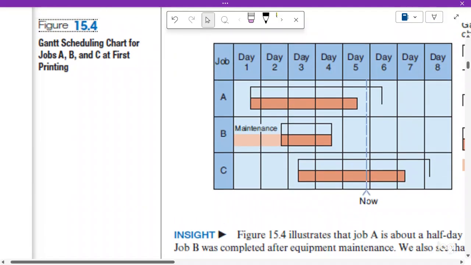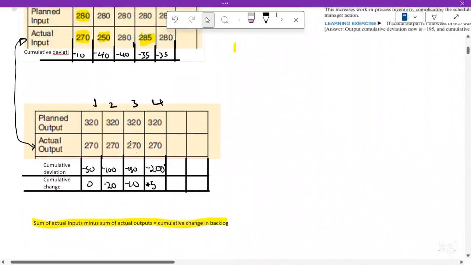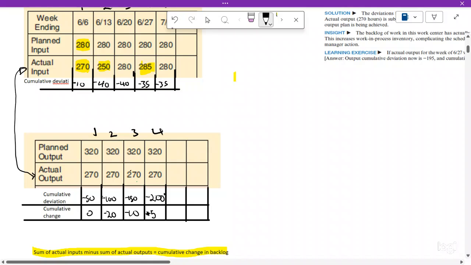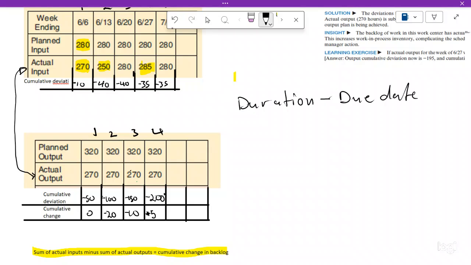So we would say duration, né? Duration of task, how long it will take you to do the job, minus the due date, né? The due date.